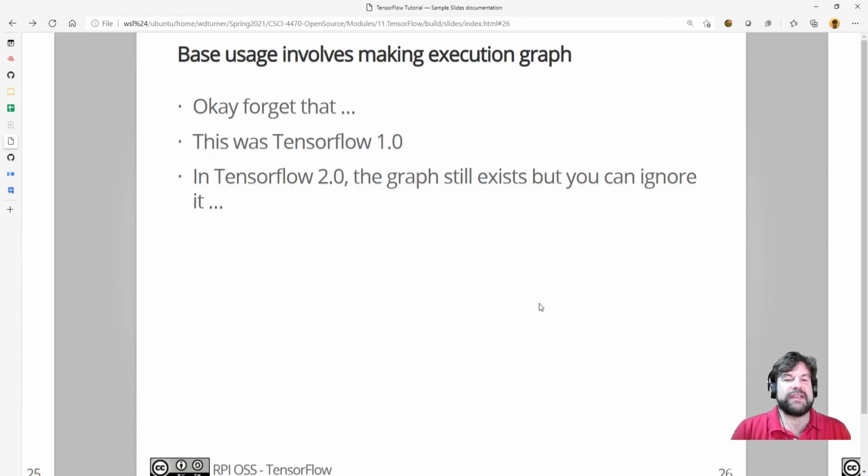So they got away from this idea of building this execution graph and then executing it when they migrated to TensorFlow 2. Now the graph still exists, so those people doing that research can still improve it. You can expect that as new GPUs come out and as new progress is made on algorithms, that they will continue to follow that. But for the time being, at least, they've kind of hidden this graph behind a more traditional interface, and you can still get at it, but you are free to ignore it, and ignore it we will.